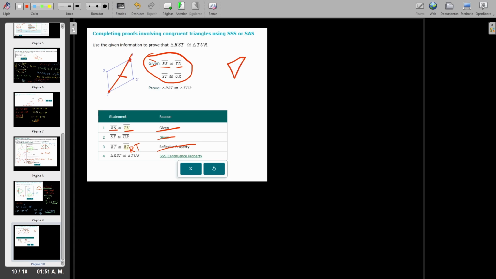Because we can put this triangle here and this triangle here, and these two are going to have the same length as we can see here. So the reflexive property. So we have a side that is the same, a side that is the same, and a side that is the same. We have the side congruency property. So this is the solution for homework number 3.